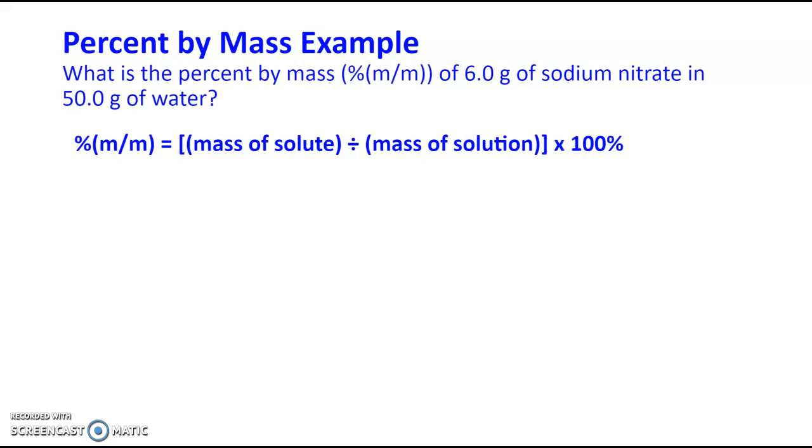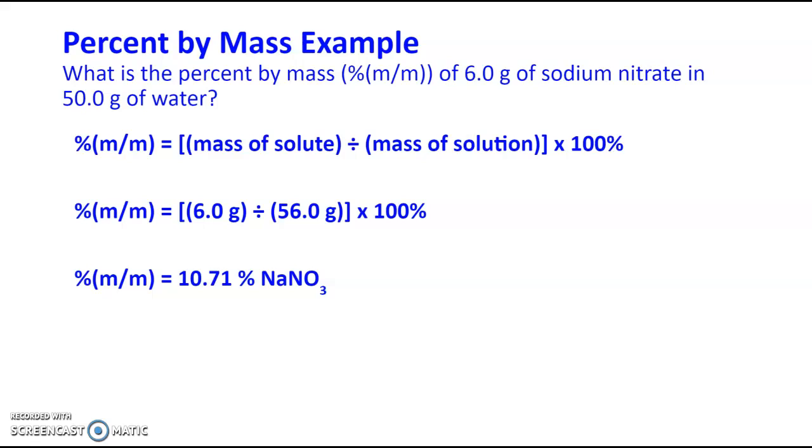If we want the mass of the solution, we're going to have to add the mass of sodium nitrate to the mass of the water. So it actually would look like this: 6 grams of sodium nitrate divided by 56 grams of solution. So I'm accounting for the solute and the solvent when I'm talking about the solution. And then I would multiply by 100.